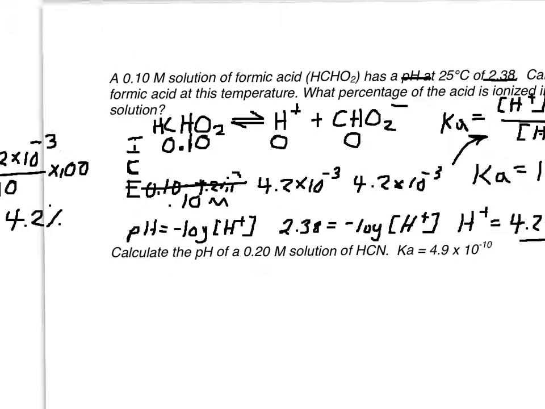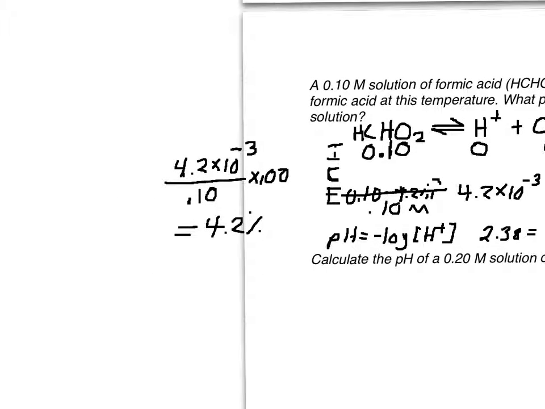I can check that by doing this right here. If this is less than 5%, then it was perfectly fine for me to use that approximation. If it's greater than 5%, then that was too much of a round, and I need to go back and calculate it exactly. Most of the time, you're going to be fine to do this. Every now and then, though, it's too much of an adjustment, and it messes your answer up too much.